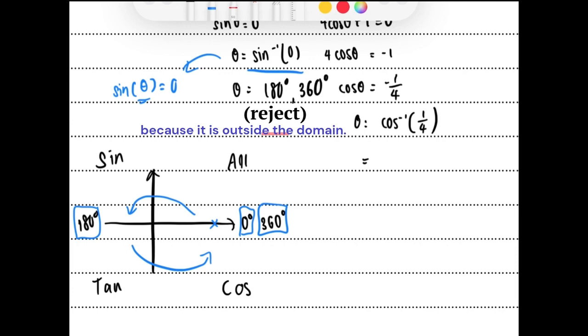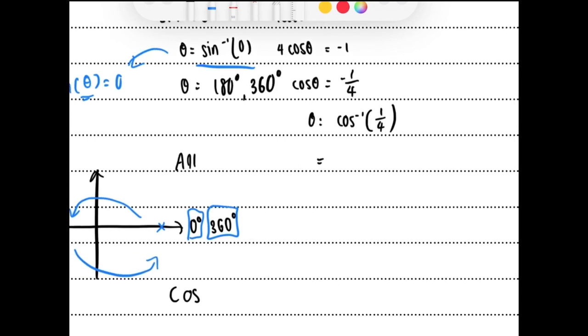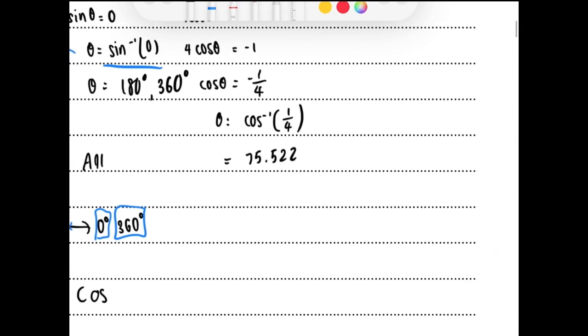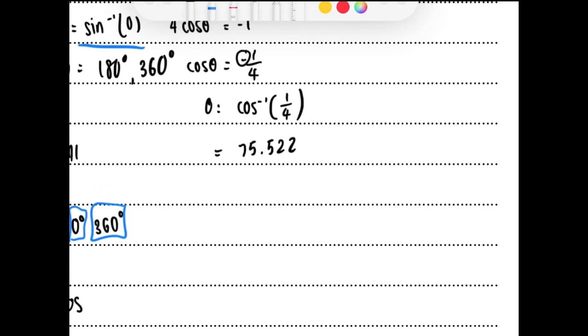And then for the cos formula over here, we can see that it's a negative. You see I've left out the negative here. That's because I want to find the critical angle. So if you key into your calculator cos inverse 1 over 4, you're going to get 75.522. But that's not what I want. I want to know what is negative.